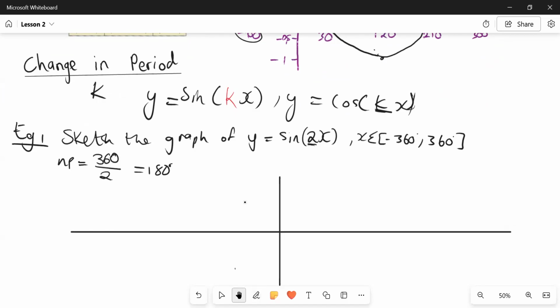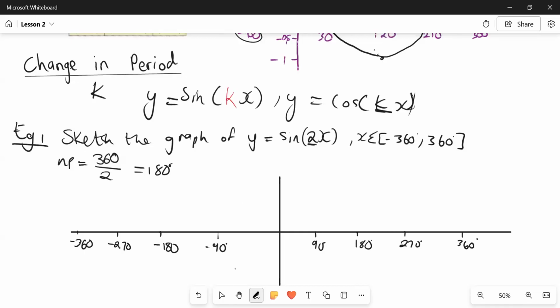You have your negative 360, negative 270, negative 180, negative 90, 90, 180, 270, and 360.